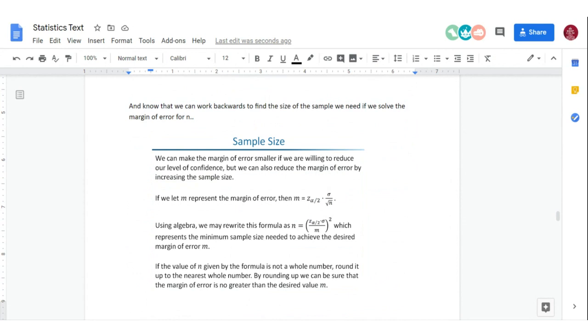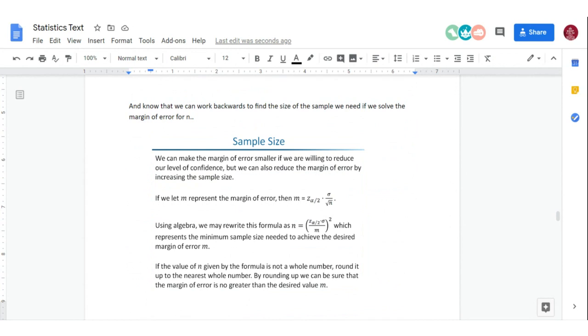Now, if we solve that for n, which involves squaring both sides and then multiplying by n and all that, then this is what it looks like on the third line there. You don't have to worry about doing that solving, but that's just where that comes from.